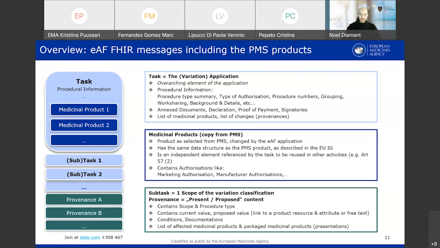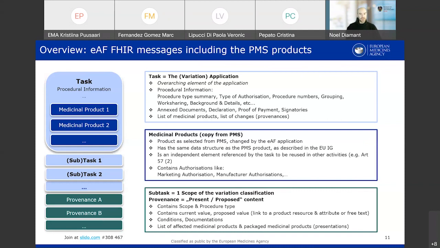This medicinal product is an independent element. So later on, if there are any other envelopes, it can be reused, and I think this is important. It also contains authorizations like the marketing authorization and manufacturer authorizations.